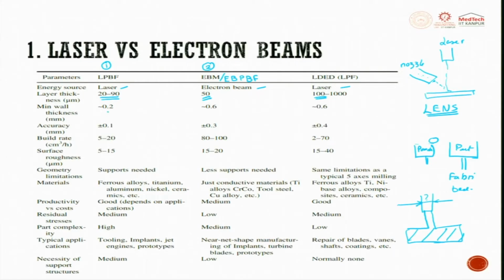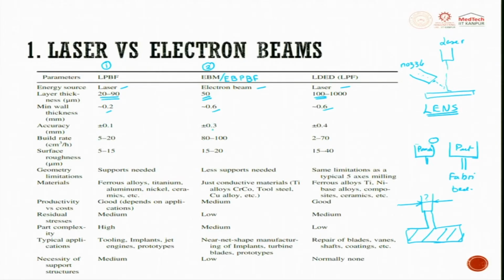The minimum wall thickness for laser powder bed is 0.2, in electron beam it is 0.6, and in LDED it is also 0.6. Accuracies are 0.1 millimeter, that means to say it is talking about 100 microns accuracy in laser powder bed fusion.